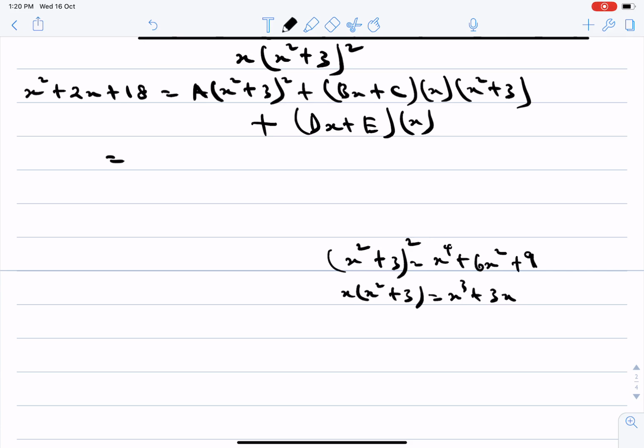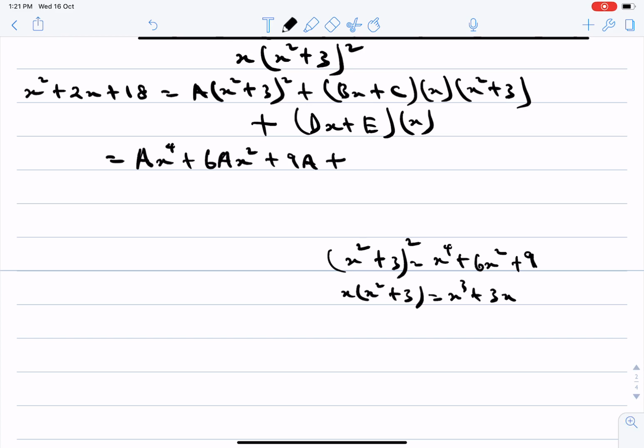So a times x squared plus 3 squared is going to be ax raised to the power 4 plus 6ax squared plus 9a.